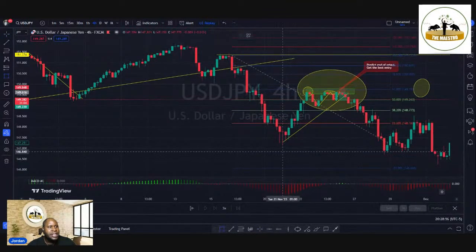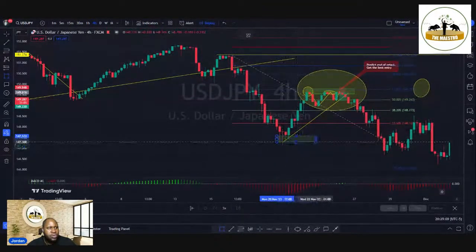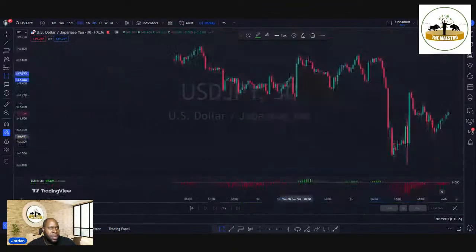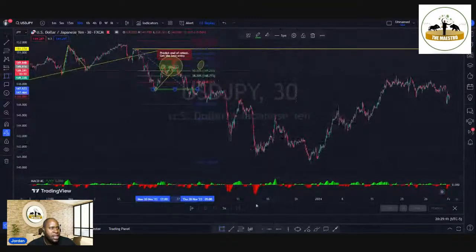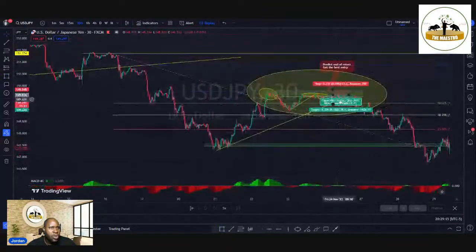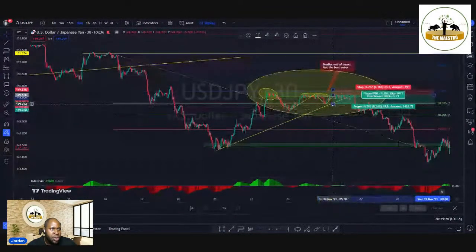Since price struggled to go lower past this area, I could use this area as my TP. So going back to the 30-minute, I'm going to extend that entry measurement all the way down to that area.